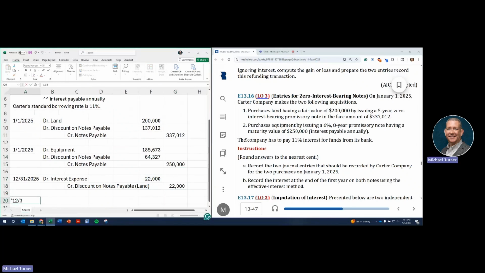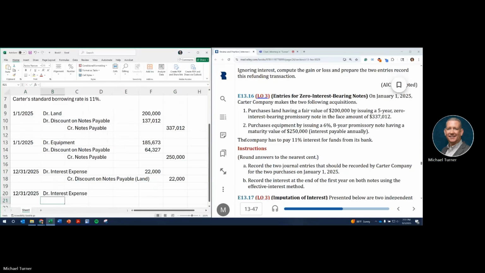And then we have the same journal entry for the equipment. Let's just go ahead and add that formula in here.